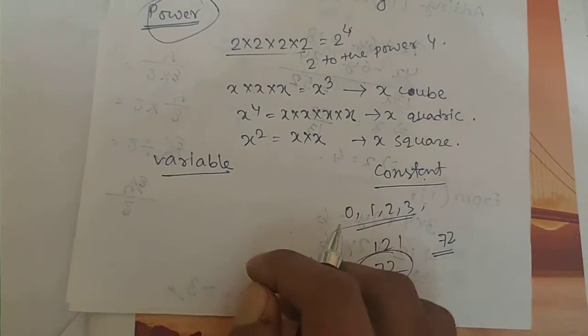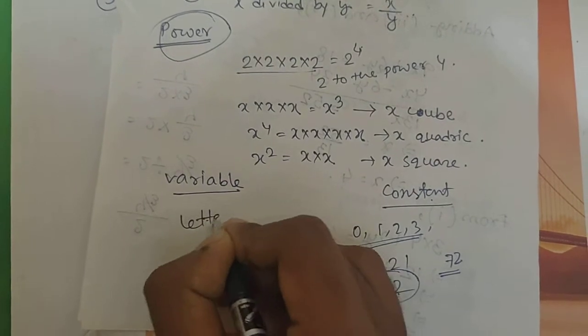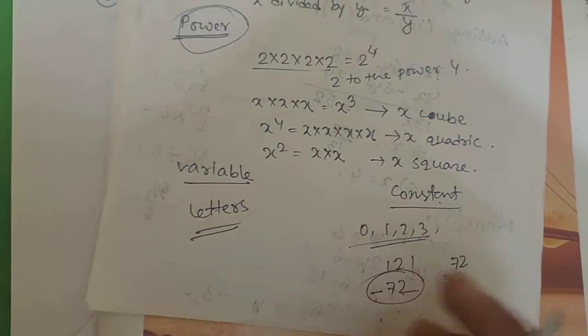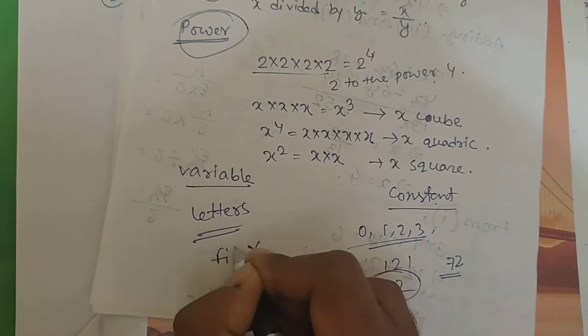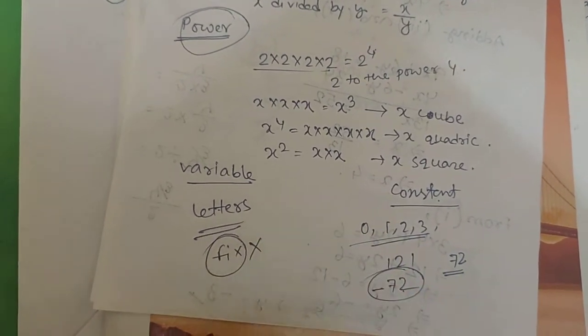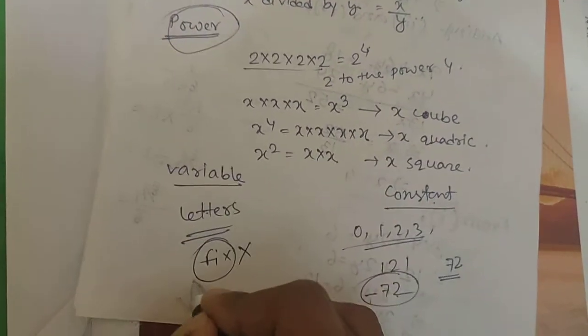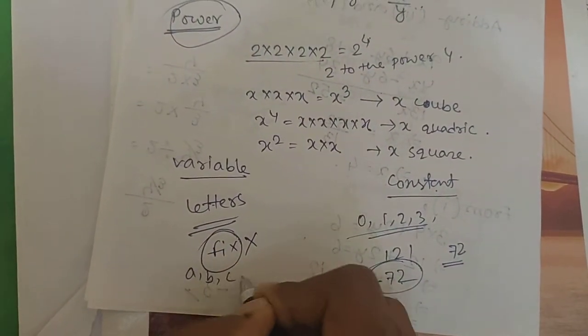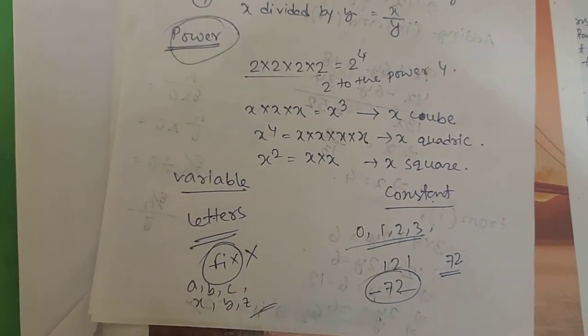There is nothing except 72. Variable means the letters, and the letters can represent any number. It is not fixed. So variables can be written as A, B, C, X, Y, Z. These are variables.